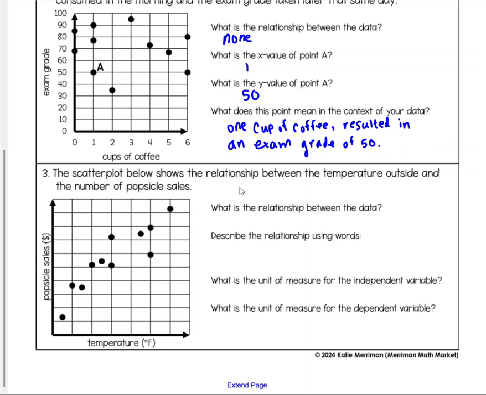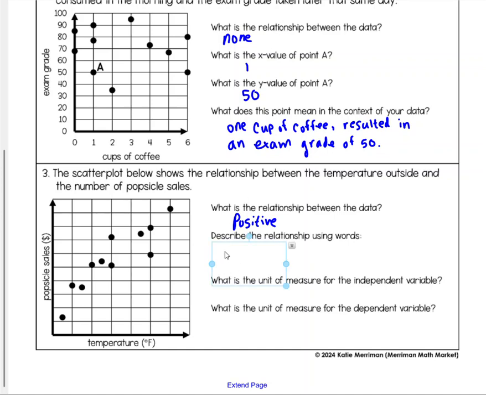The scatter plot below shows the relationship between temperatures outside and the popsicle sales. Okay, so it looks like as the temperature went up, the number of popsicles sold also went up. So it's definitely a positive relationship. And what I just said here, I'll type it up for us.